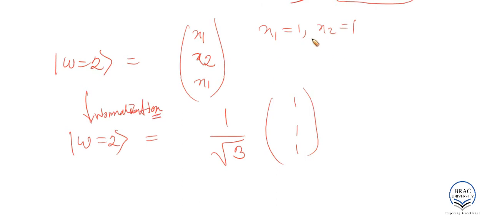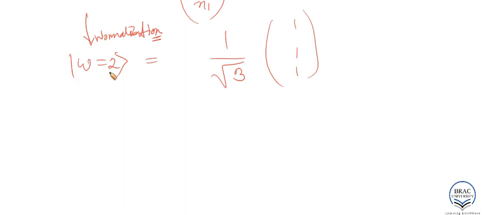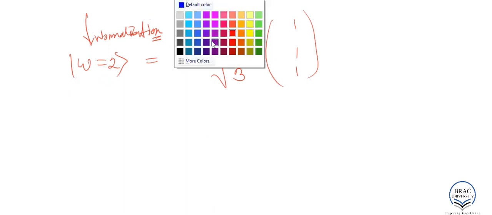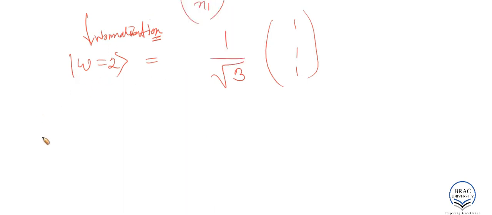But since our x2 is arbitrary, we can change the value of x2. So let's denote this with another color so that you can understand better. Let's say now I want to have x2 equals -2.